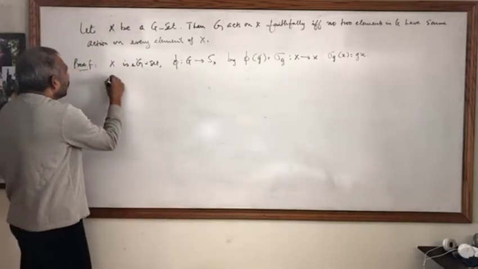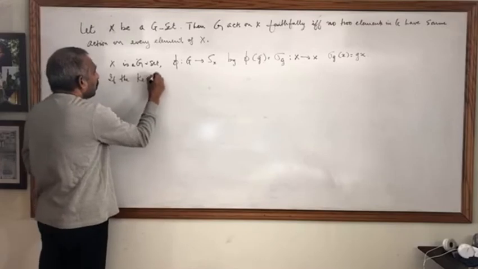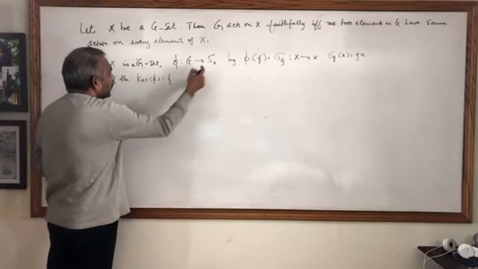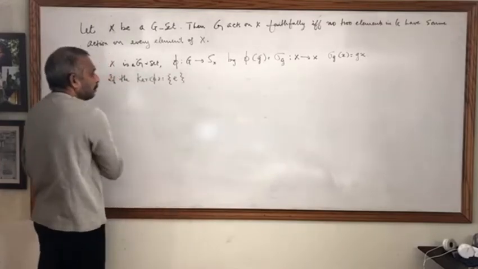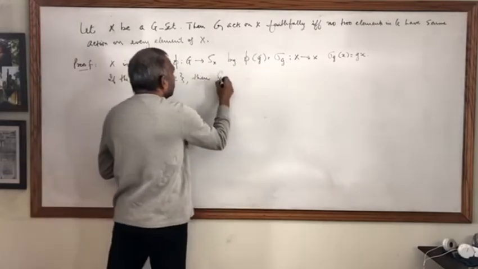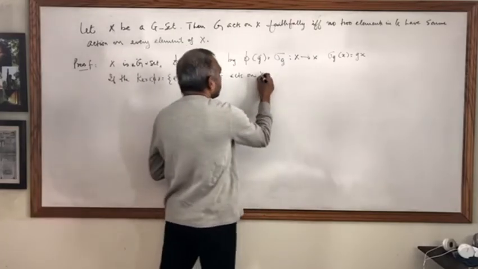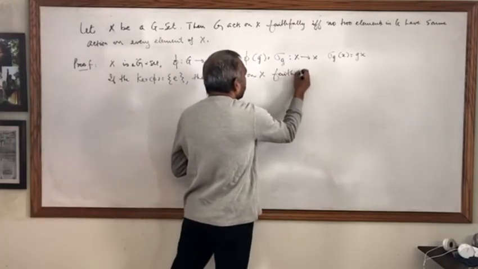And if the kernel of phi is just the identity permutation, then G acts on X faithfully.